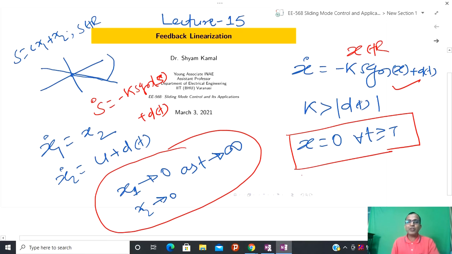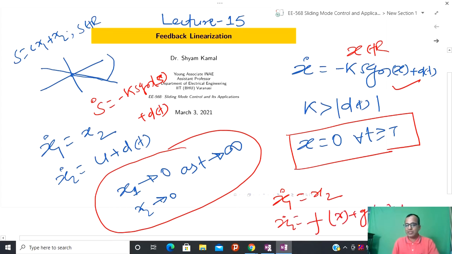But now suppose someone asks me: if you have some second order system, in simplified form I can express the system like this, or in some more complicated form I write x1 dot equal to x2 and x2 dot equal to f(x) plus g(x) into u.